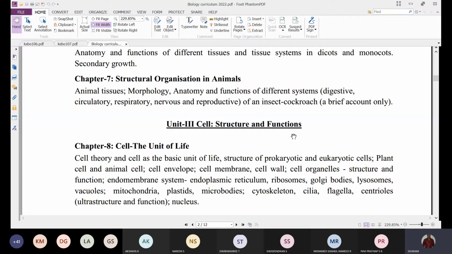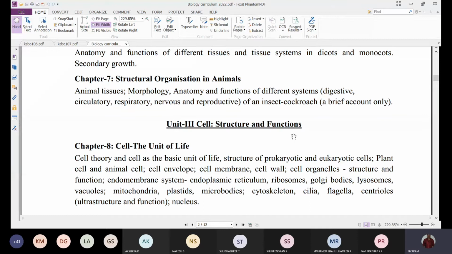Because in the syllabus, we'll discuss about the systems of one invertebrate organism and one chordate organism: one non-chordate organism is a cockroach, and the chordate organism is a human. The last unit, human physiology, is there, no?